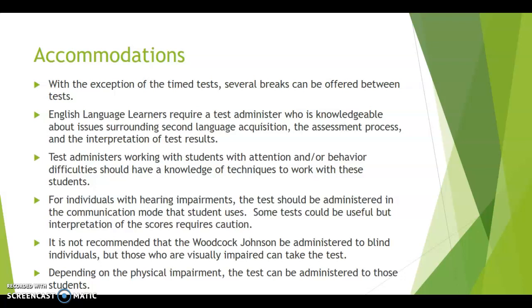And then, as I mentioned before, it's recommended not to administer it to students who are legally blind, but those who are visually impaired can definitely take it. They can use items on the tests that help them see better, maybe a blown up copy of that. Make sure, of course, that they're using their glasses if they do have glasses. And then depending on the physical impairment, for those students who are physically impaired, the test can be administered to those students as well.